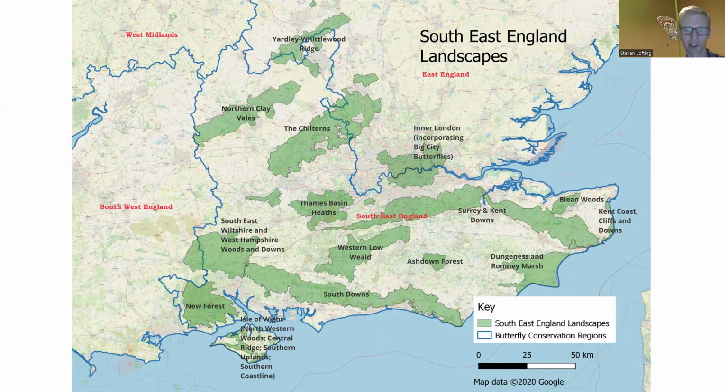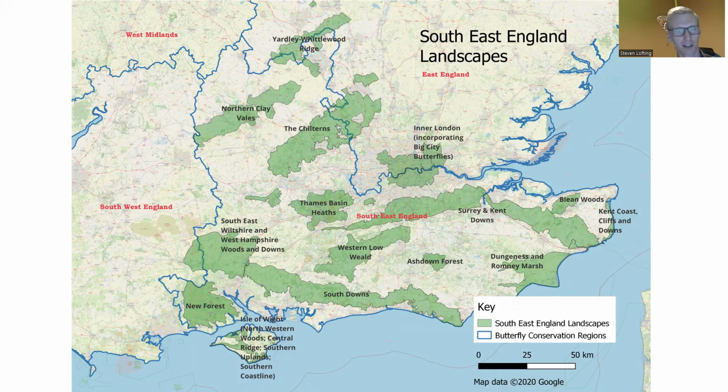So, for example, the Blean Woods complex in Kent, to the east of the diagram, is very much a place where we focus on heath fritillary as a stronghold for them in the southeast of England, as well as other landscapes on there, such as the South Downs, where we're working on chalk assemblages and Duke of Burgundy, all the way up to the northern clay vales and Yardley Whittlewood, where we're focusing on the five hairstreaks assemblage and wood white as well.